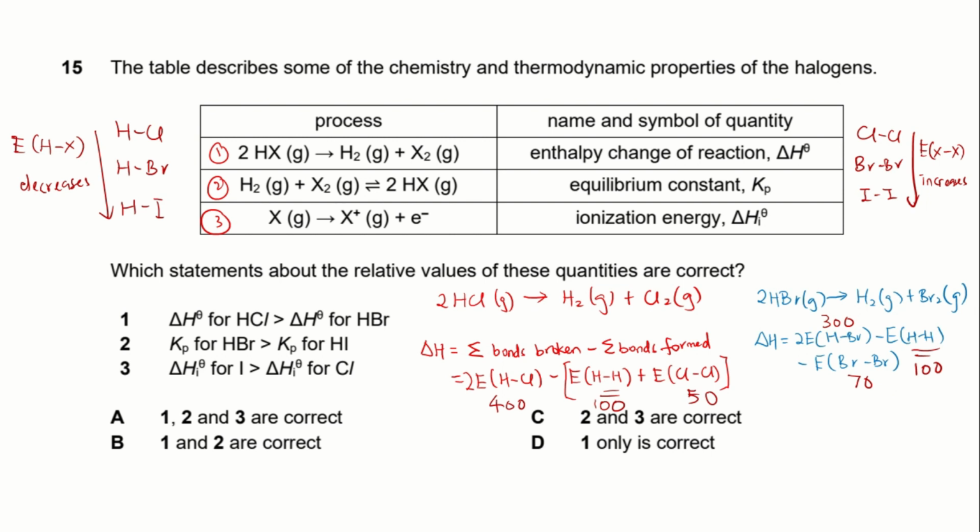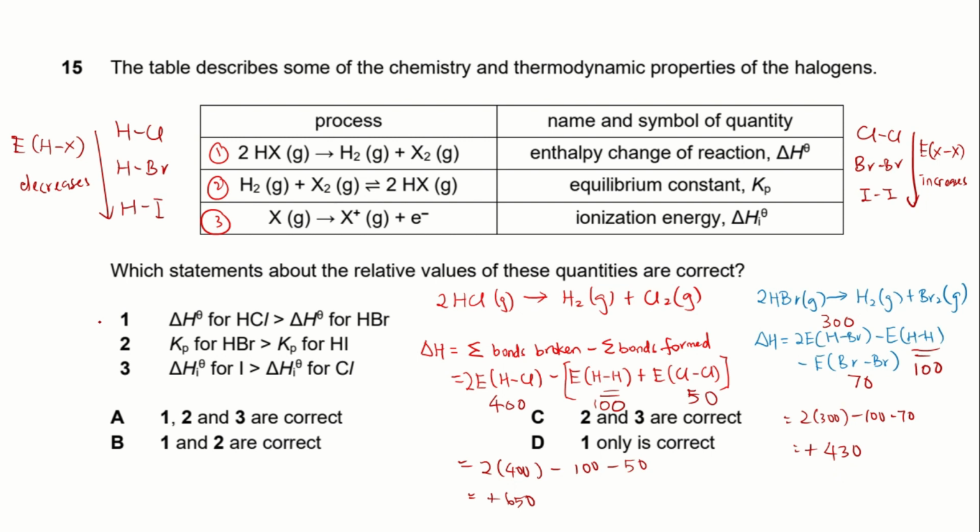Now I'm going to calculate a value for these enthalpy changes. By using some hypothetical values, I was able to calculate enthalpy change of reaction for HCl and also for HBr. And now I can compare them. For HCl, 650 is higher than the value of HBr, 430.